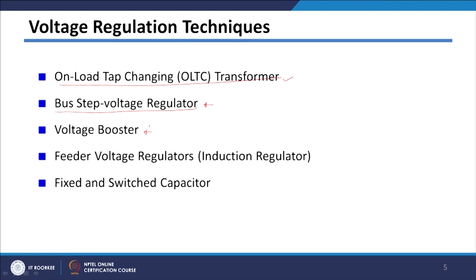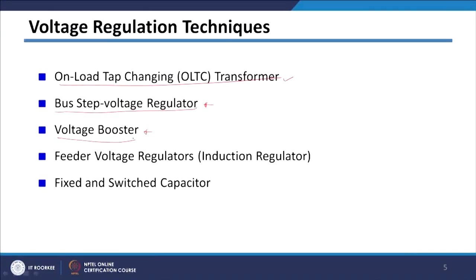These are basically two two-winding transformers, one connected in series, another connected in shunt fashion, and by regulating the voltage across the series winding, we can control the voltage. So, this is the voltage booster.